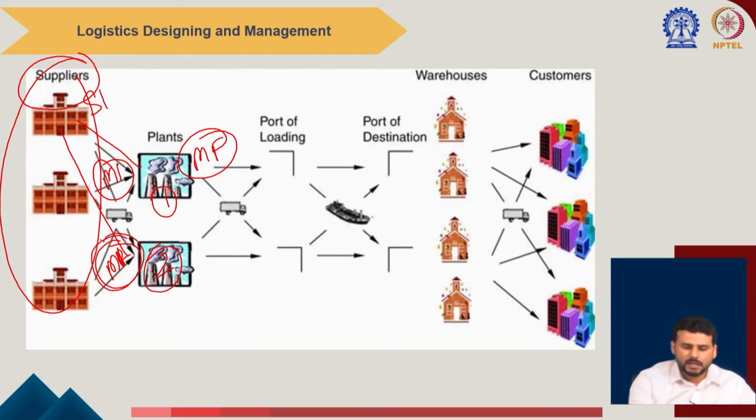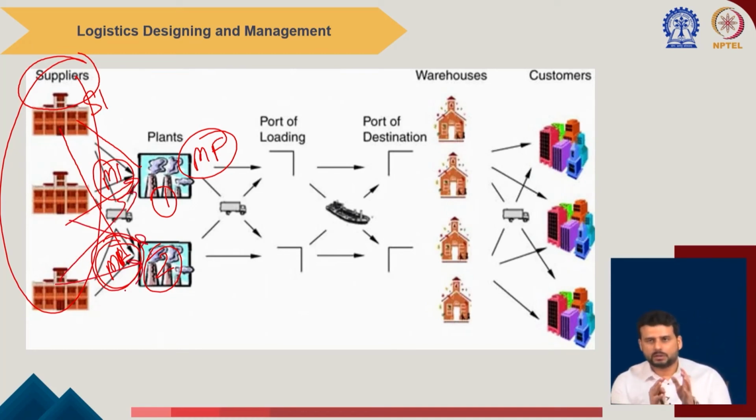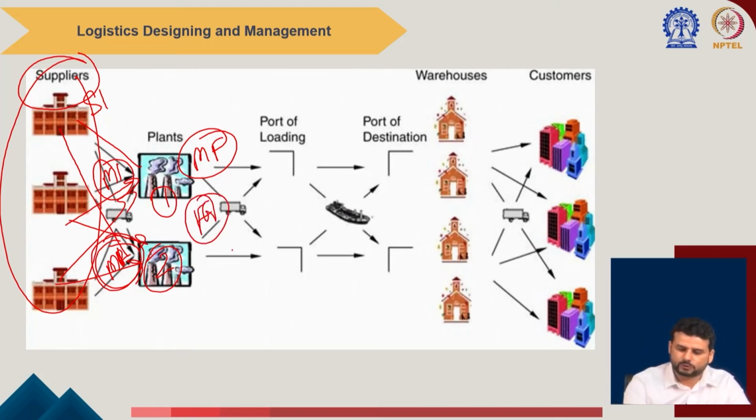So that means you need to design the distribution network. You need to take care of the first 2 stakeholders. First is your supplier, and which supplier is going to supply which plant. Plant means the manufacturing facility. Once you are ready with your finished goods, they are ready to be shipped.